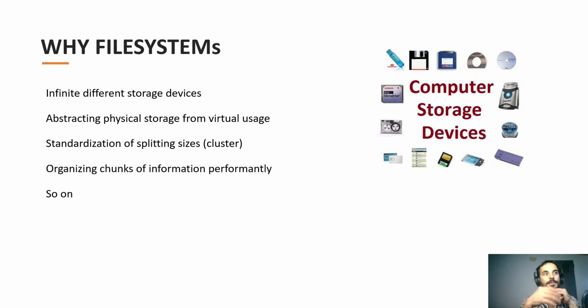Diskettes, CDs, DVDs, and more. So to make it possible to store information in a standardized way, we use file systems, so they organize the data for us, independently of the storage device that we are using.